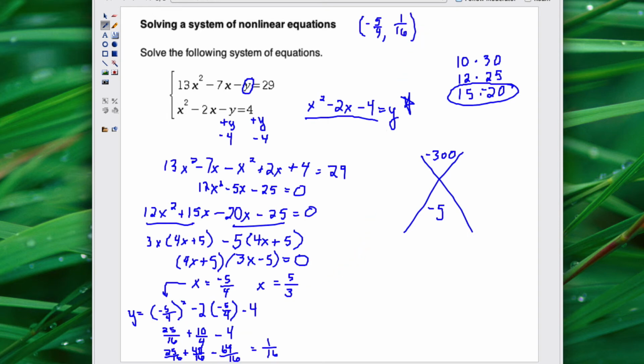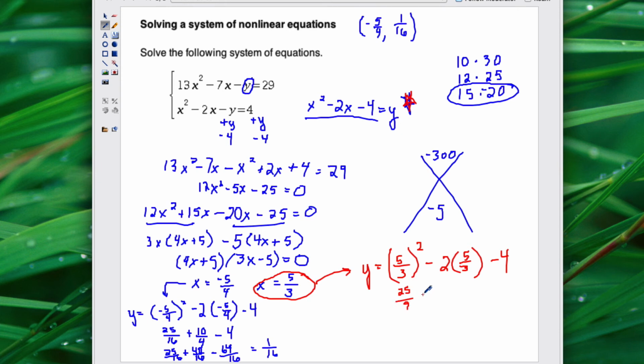Okay, now I'm going to go ahead and use this second solution, and I'm going to plug it into this value again. So y equals 5/3 squared minus 2 times 5/3 minus 4. So this is going to be 25/9 minus 10/3 minus 4. We get a common denominator, right?